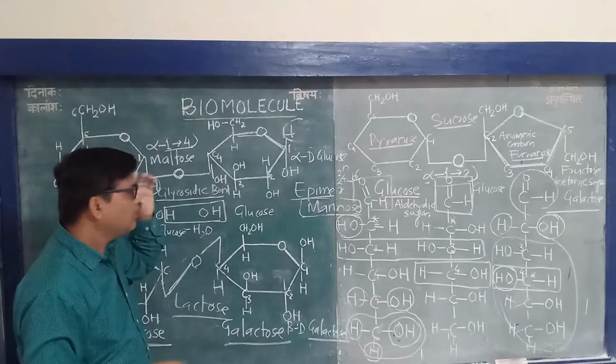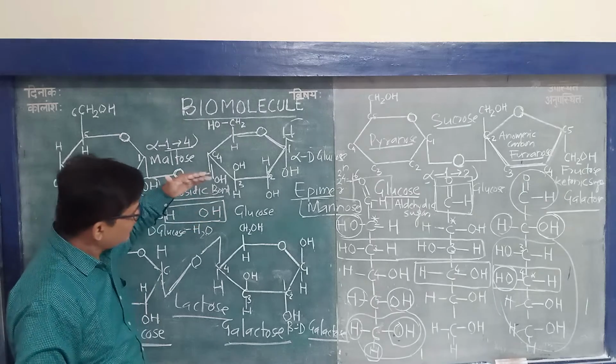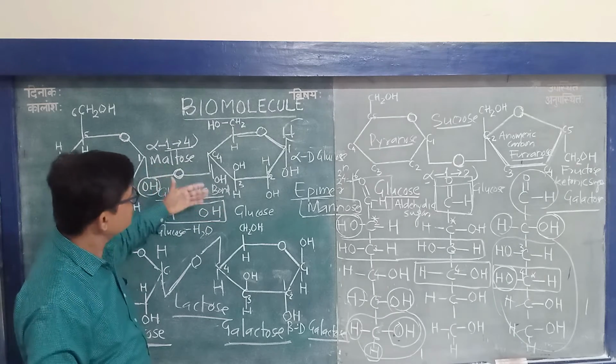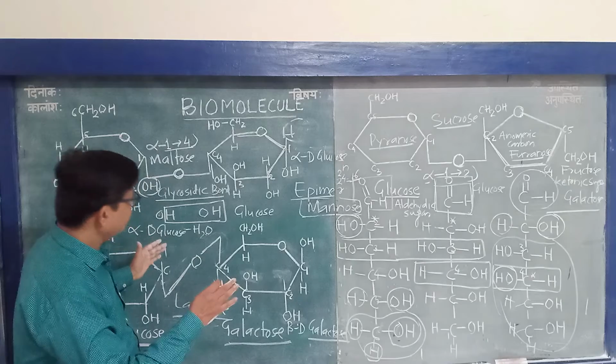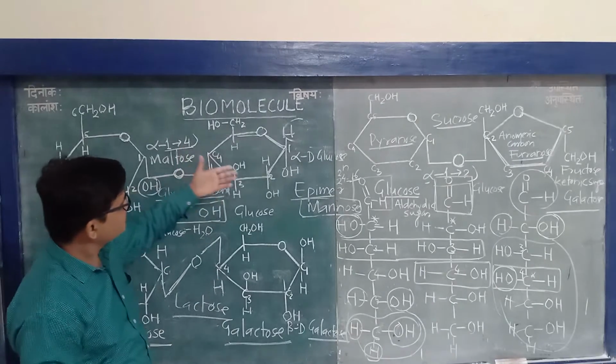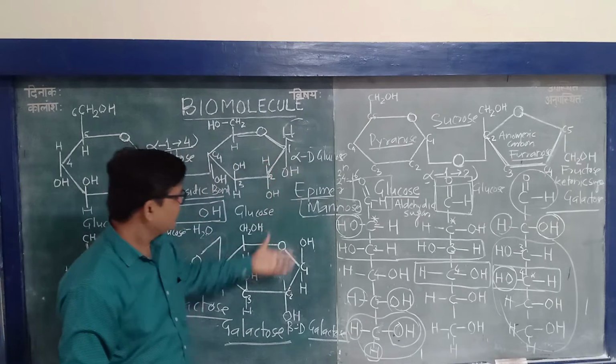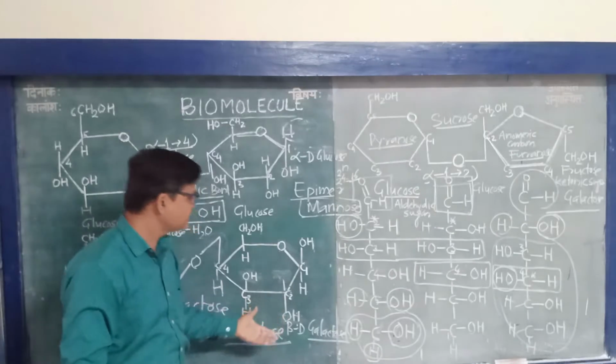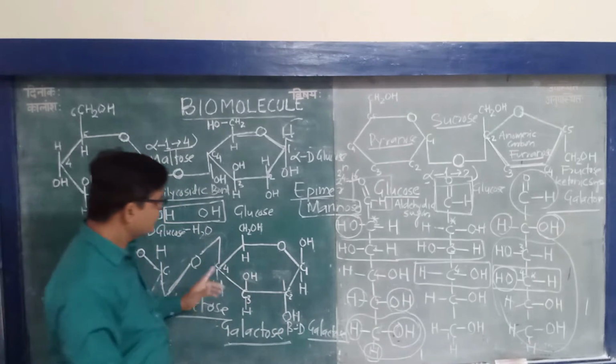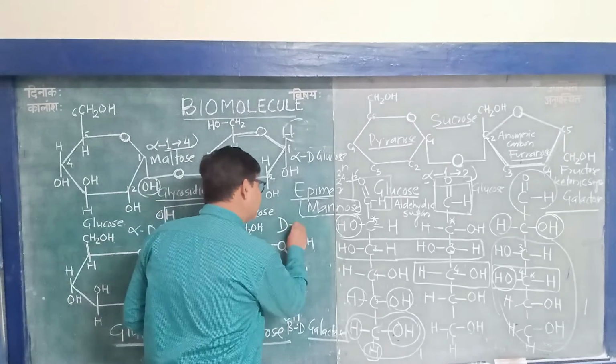Okay, so generally we should study the chemical structure carefully and try to identify whether it is the alpha form of glucose, the beta form of glucose, or whether it is D-glucose. Why is it known as D-glucose?